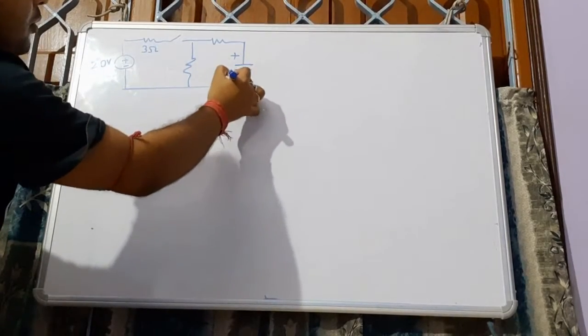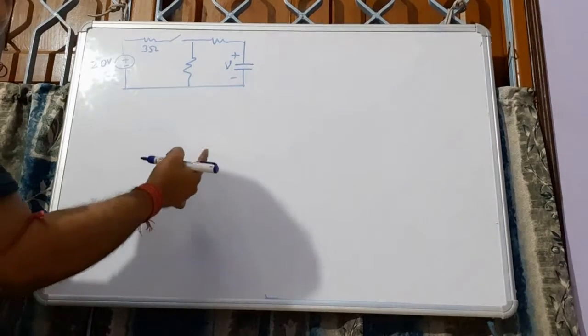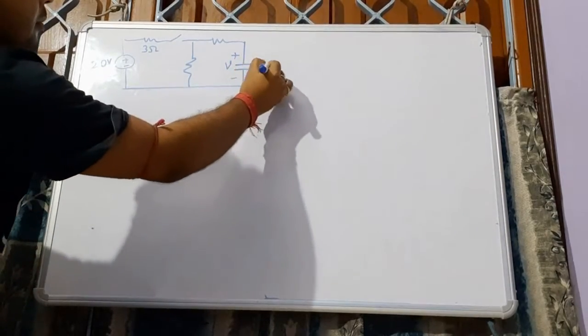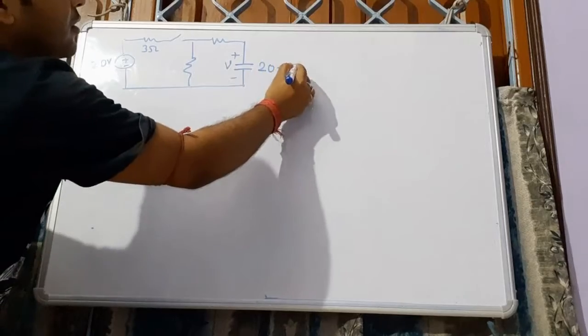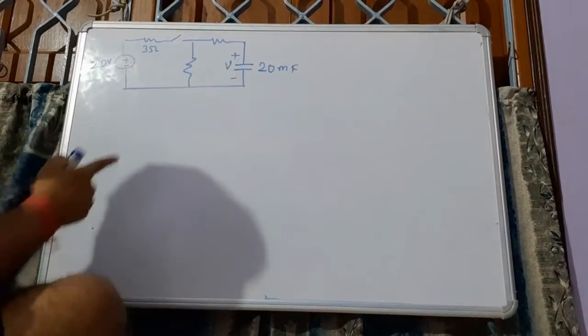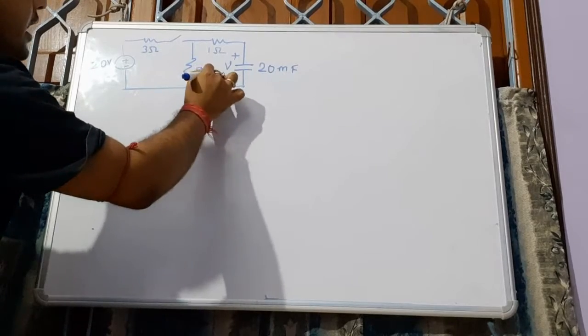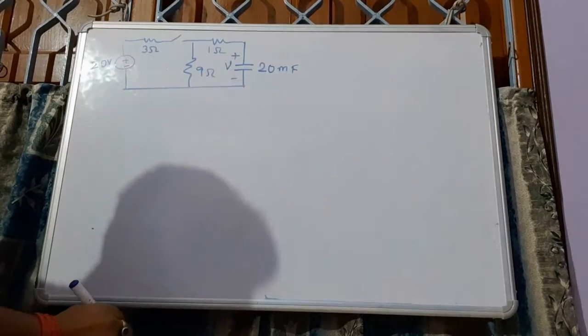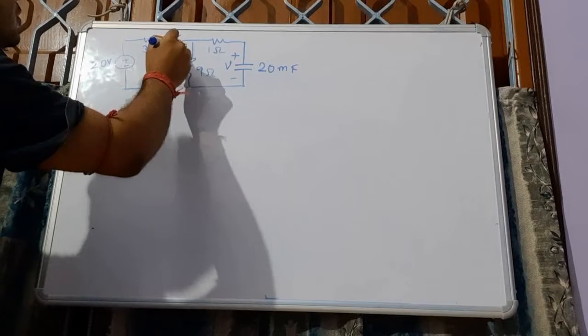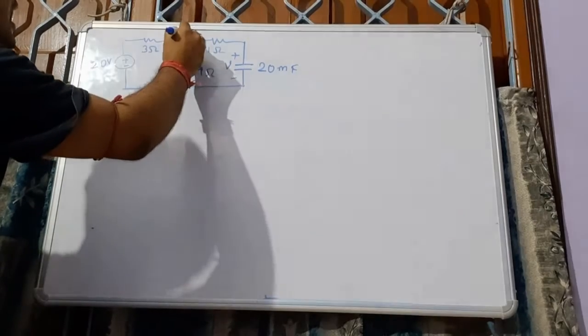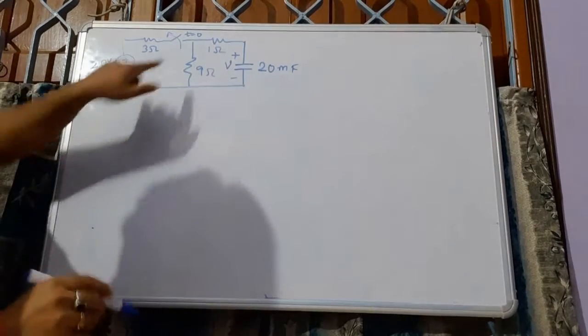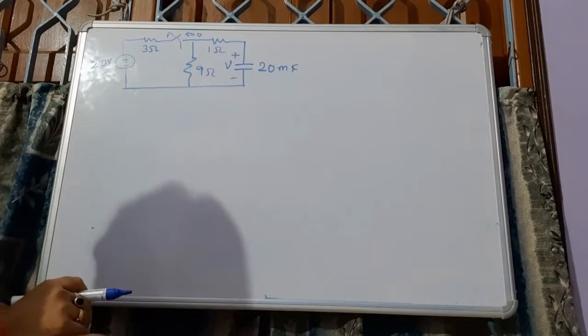Okay, the voltage across the capacitor is V, and the capacitor value is 20 microfarad, and this resistance is 1 ohm, and this resistance is 9 ohm, and the switch is initially closed. At t equals 0, the switch is opened.